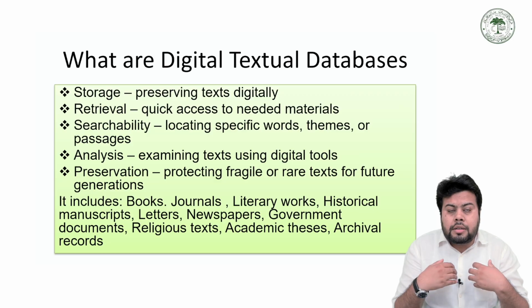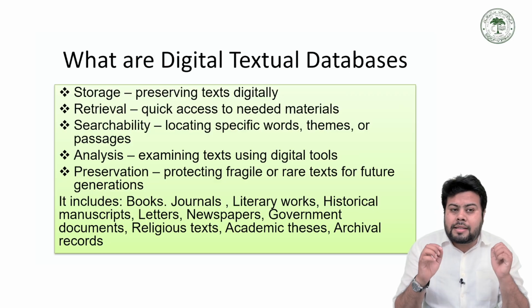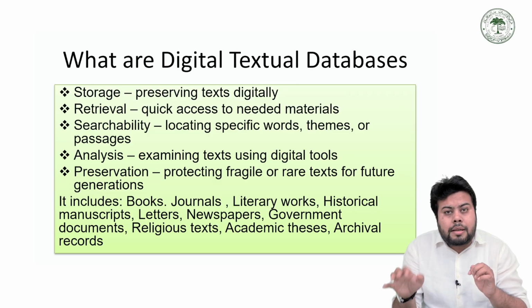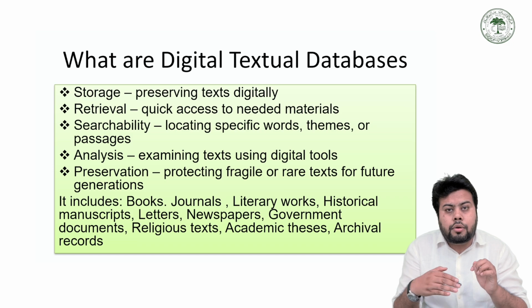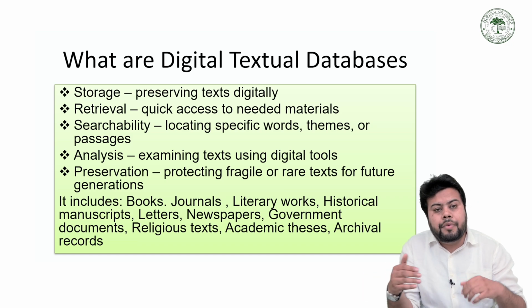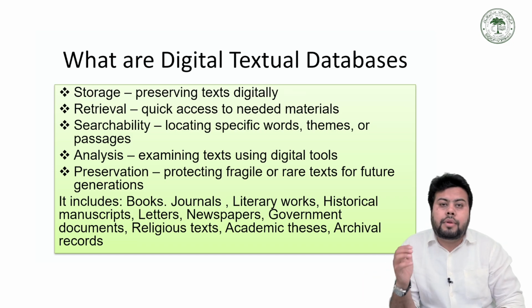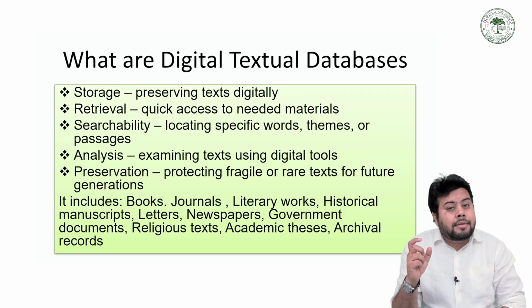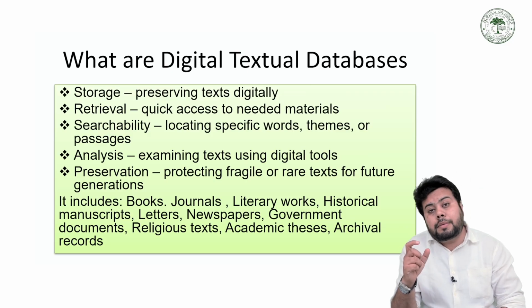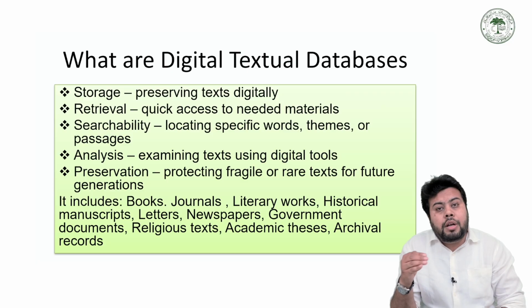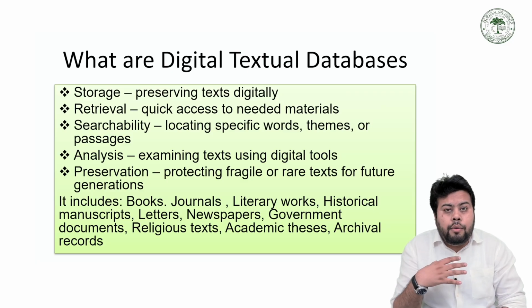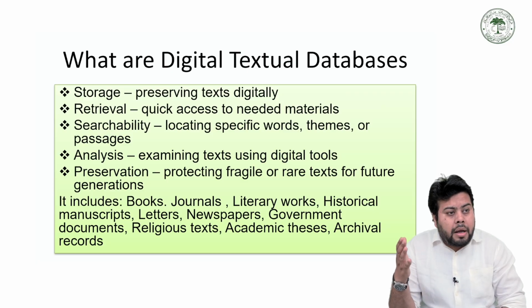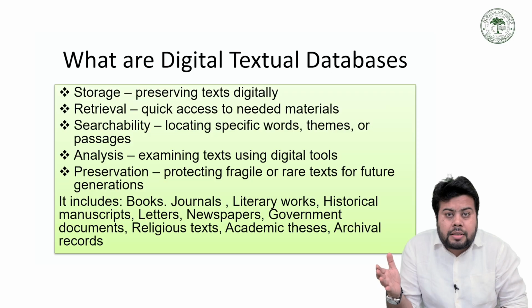If I need a particular file, I will simply go to the file and get it, because I have quick access to it. Then we have searchability. As the name itself is self-explanatory, when you say searchability, I need a file which is out of my 1.5 million, for example, right?